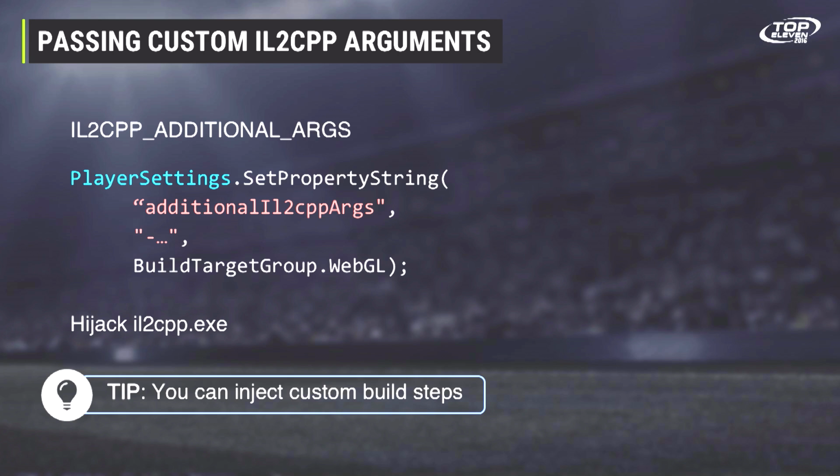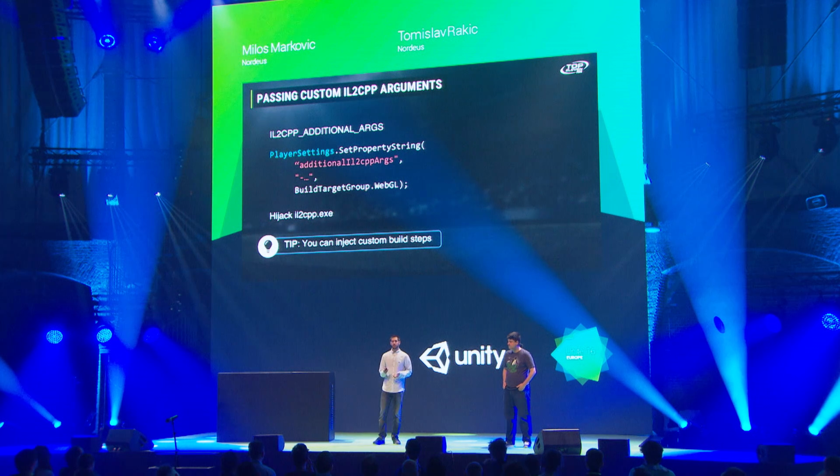You can set up an environment variable called IL2CPP_ADDITIONAL_ARGS and add a string which specifies the additional arguments there. Or you can use reflection in the editor to set a string called additionalIl2CppArgs to the args you want. What we did was something else. We hijacked the IL2CPP exe file.